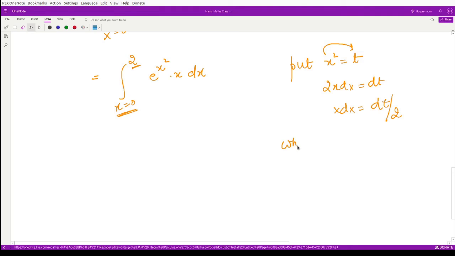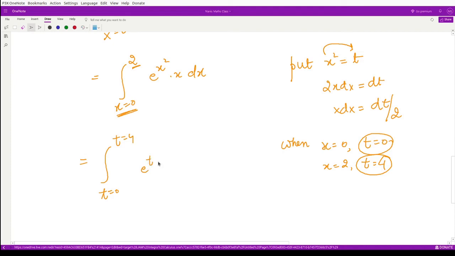Whenever x is equal to 0, t is also equal to 0 because t is x square, and whenever x is equal to 2, t, which is x square, that is 2 square, is equal to 4. So t varies now from 0 to 4, and instead of x square we can write t, instead of x dx we can write dt by 2.